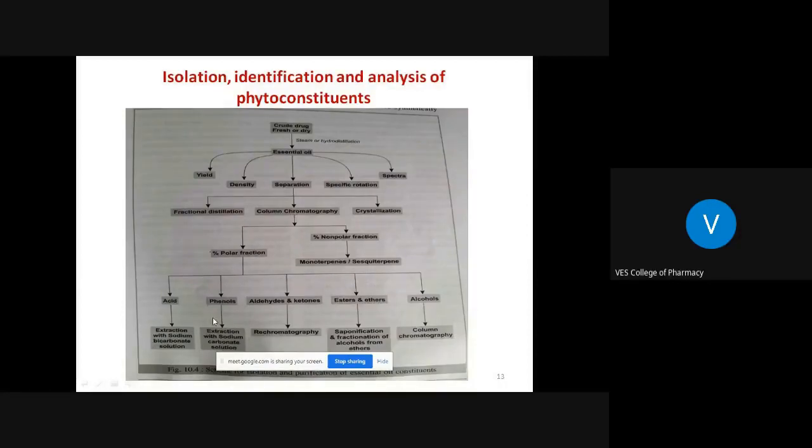Similarly, phenolic groups with alkali sodium carbonate solution, aldehydes and ketones by rechromatography. If it contains esters or ethers, then usually saponification and fractionation of alcohols from ethers. And if it contains alcohol as a functional group, column chromatography is usually followed. Now, this is the general scheme or representation for any plant material containing essential oil or volatile oil.